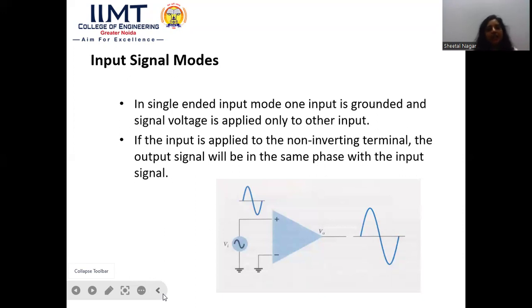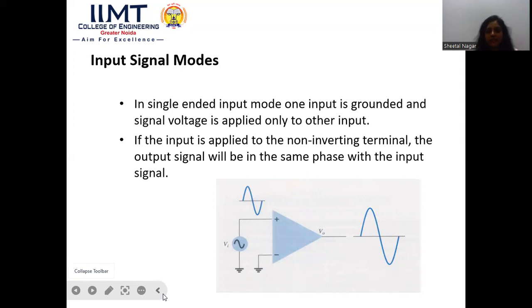In single-ended input mode, one input is grounded and signal voltage is applied only to the other input. If the input is applied to the non-inverting terminal, the output signal will be in the same phase with the input signal.